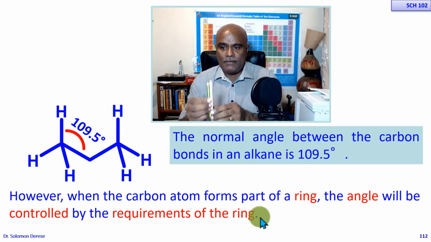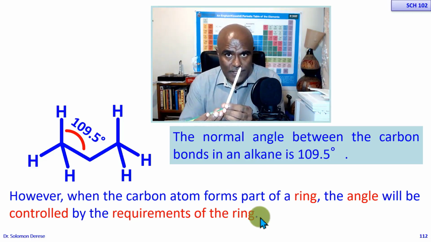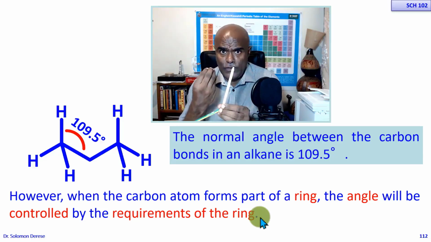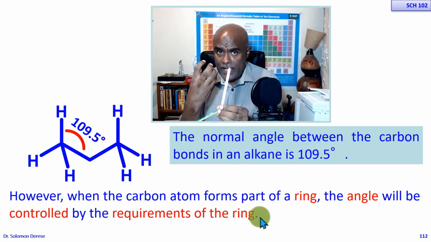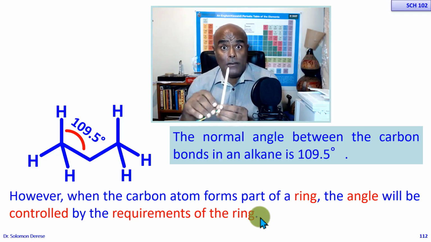So the ideal bond angle for an sp3 hybridized carbon is 109.5 degrees, something like this. Even for cycloalkanes, since they are sp3 hybridized, their bond angle should be 109.5 degrees. So the stability of cycloalkanes, in addition to the eclipsing of the hydrogens, is determined by their bond angle.